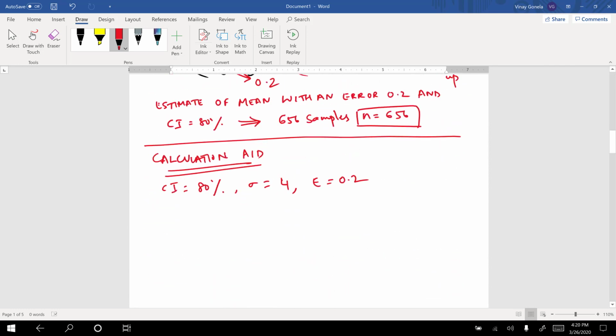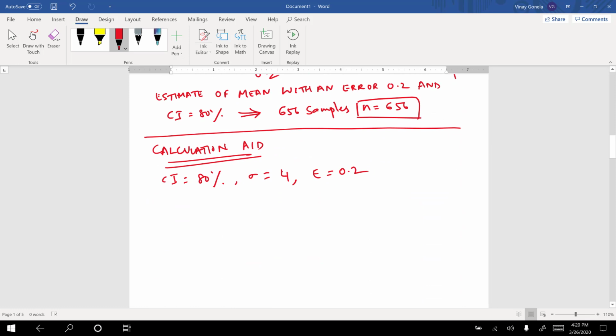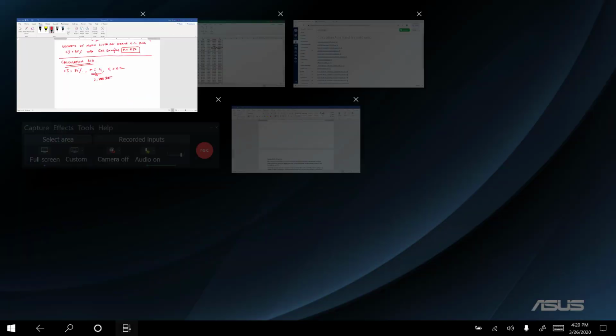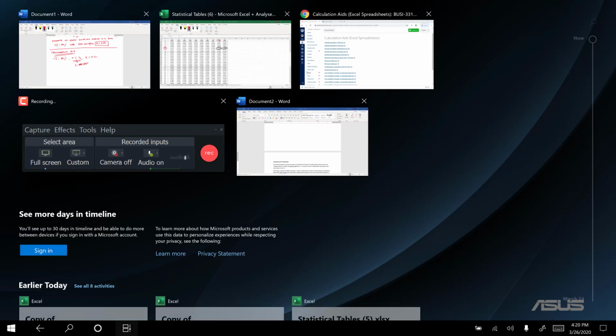That is right. So let's go to our calculation aids. Usually when sigma is known, you'll use the z value or z stat. So let's look at our calculation aids.